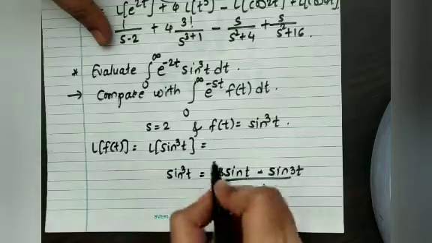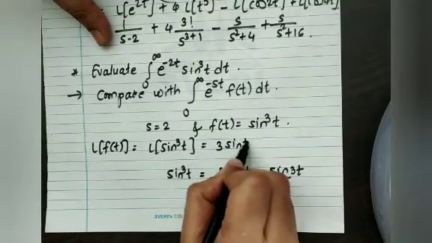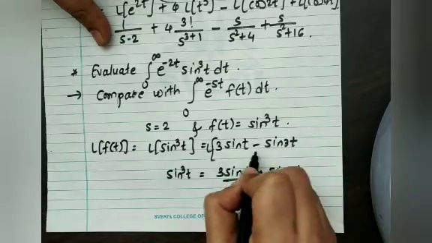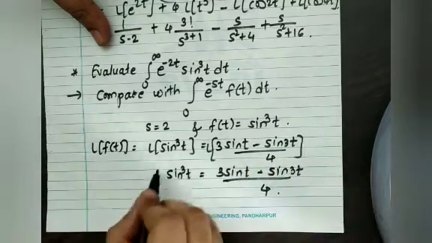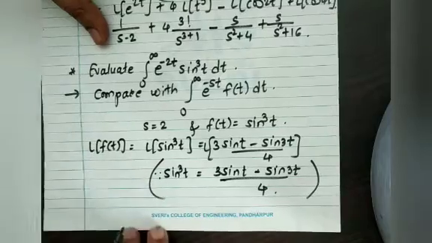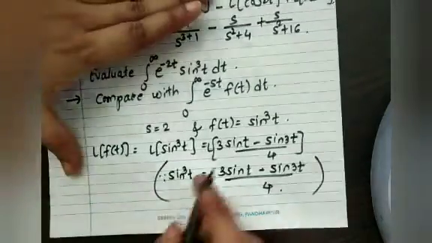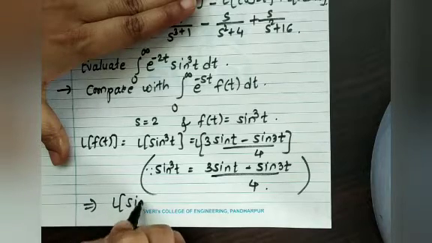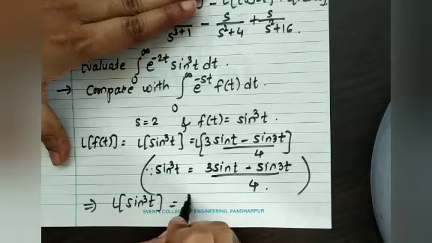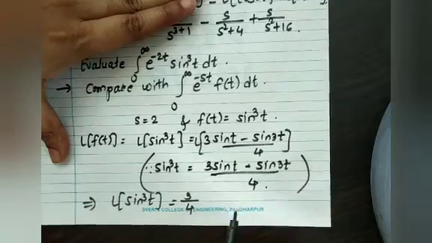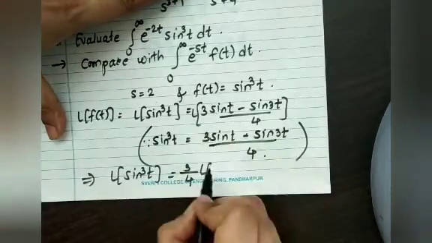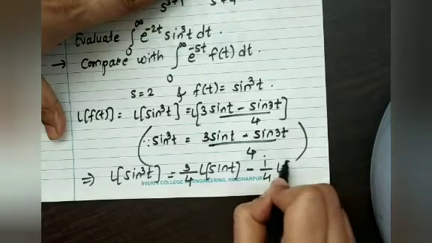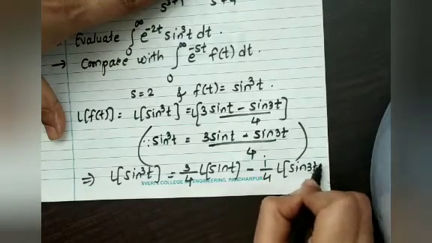We'll apply Laplace here to 3 sine t minus sine 3t upon 4, and then we'll separate them. So Laplace of sine cube t is nothing but 3 by 4 Laplace of sine t minus 1 by 4 Laplace of sine 3t.